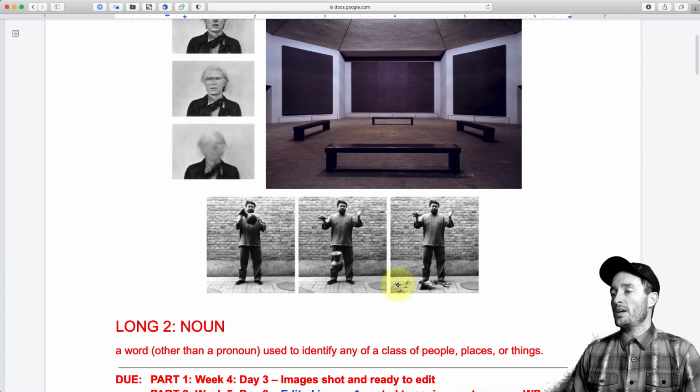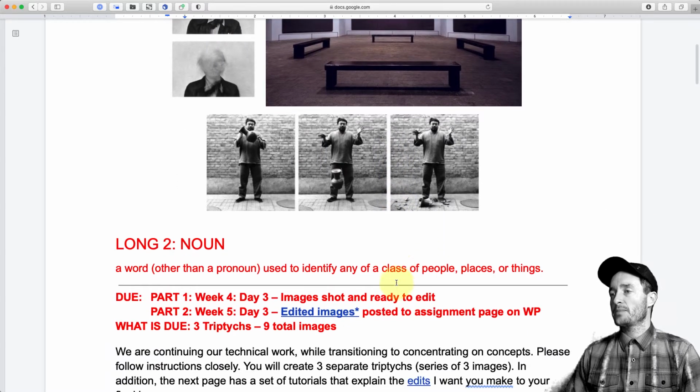This is titled Noun, and what you're looking at here are three different examples we'll go over in a minute. For this assignment, I'm using the prompt of noun in the sense of a person, place, or thing as a way of giving you some constraints, but also assistance in what to photograph.